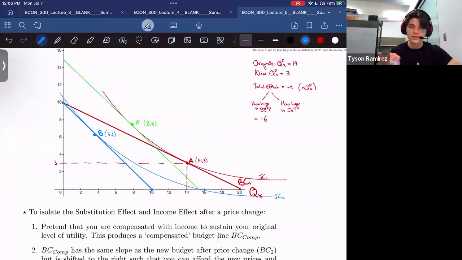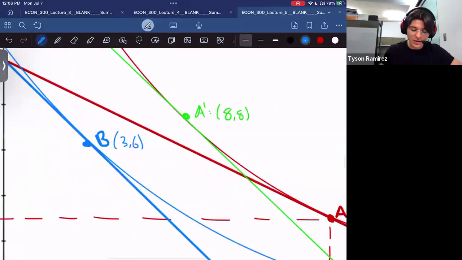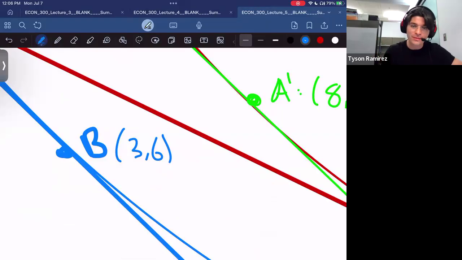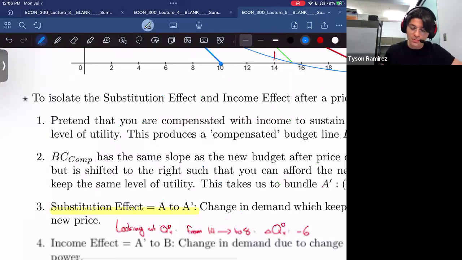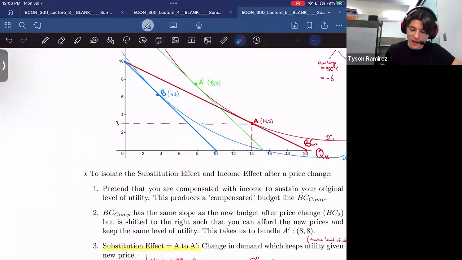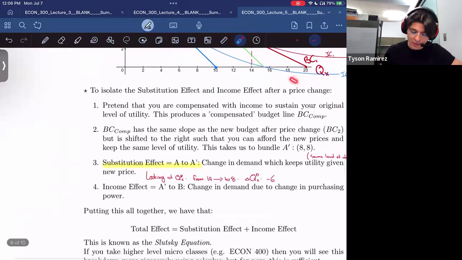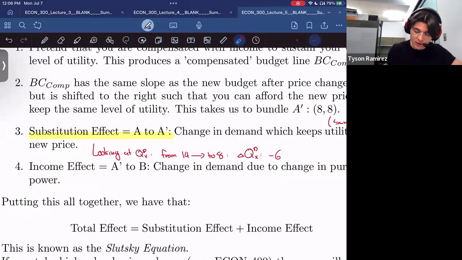We can't afford as much stuff. So our utility does go down because in reality, nobody's going to compensate us every time prices go up. And so the actual bundle that we end up at is B. Now, going from A prime to B is the income effect. This is the part of the change in demand that is due to the decrease in purchasing power.